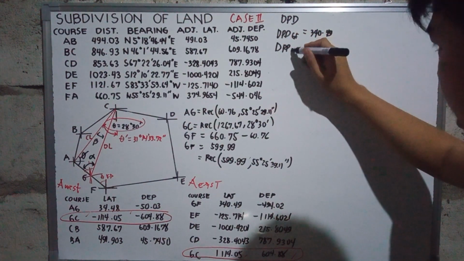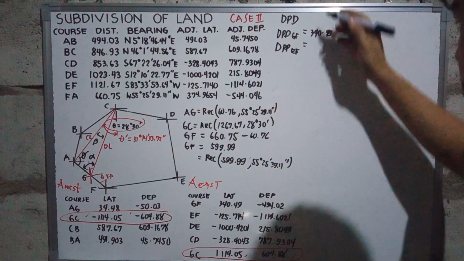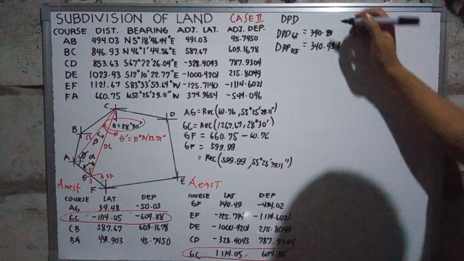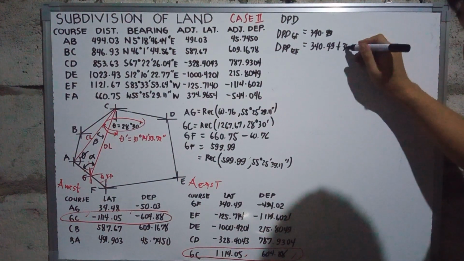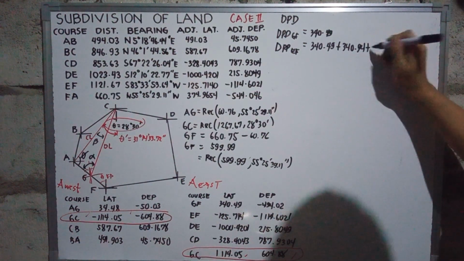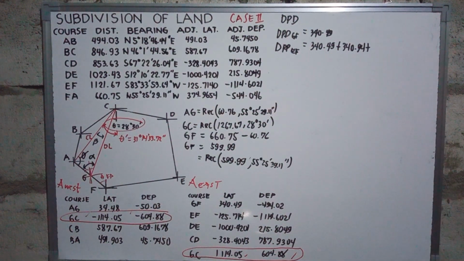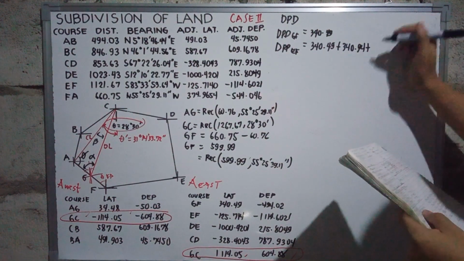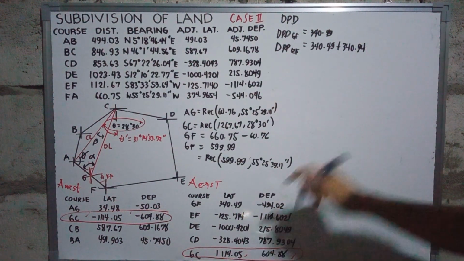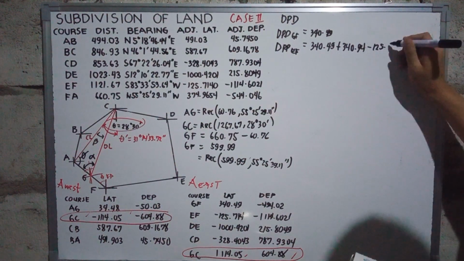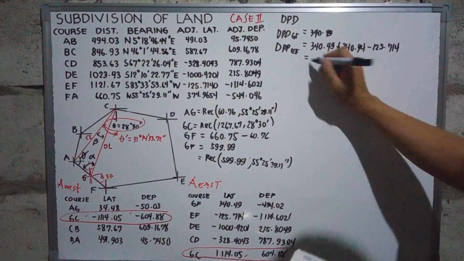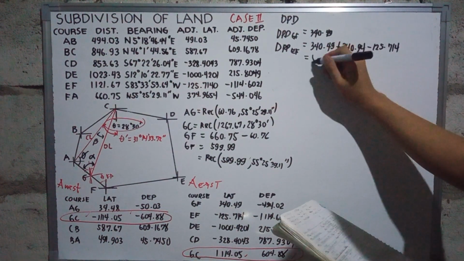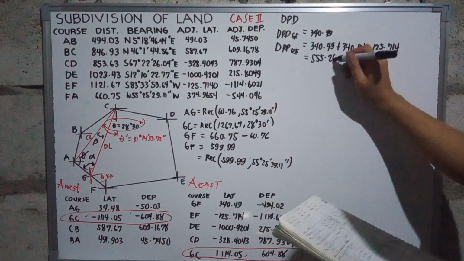Next is EF. The DPD of EF: we just copy the DPD of the previous one plus the latitude of EF itself. Latitude, sorry. So that is minus 125.714. So the DPD of that is equal to 555.266.